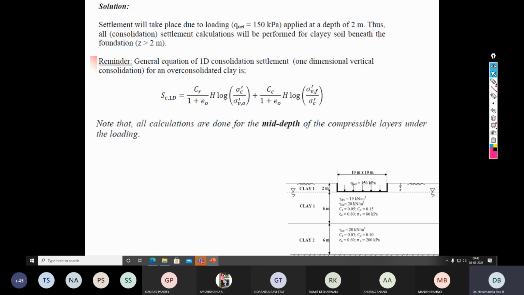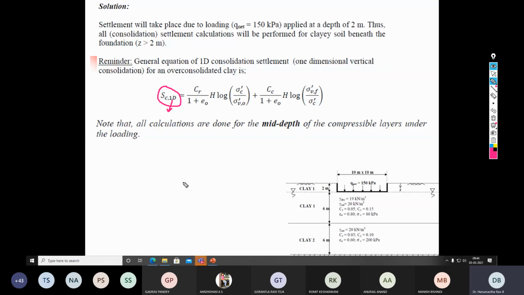It indicates that this soil is over consolidated. So when the soil is over consolidated, the equation for calculating the consolidation settlement is SC1D, where C designates consolidation settlement, 1D represents 1D consolidation, and this is the equation.